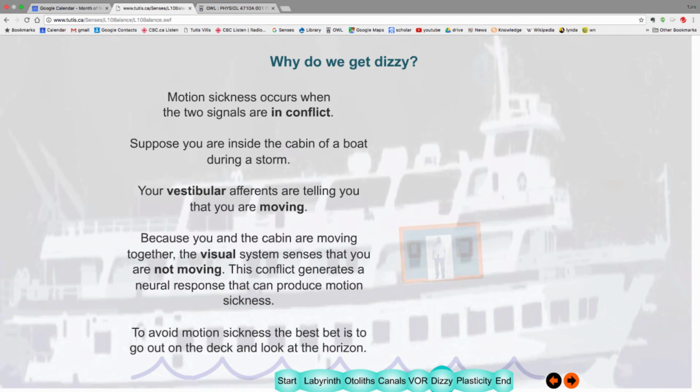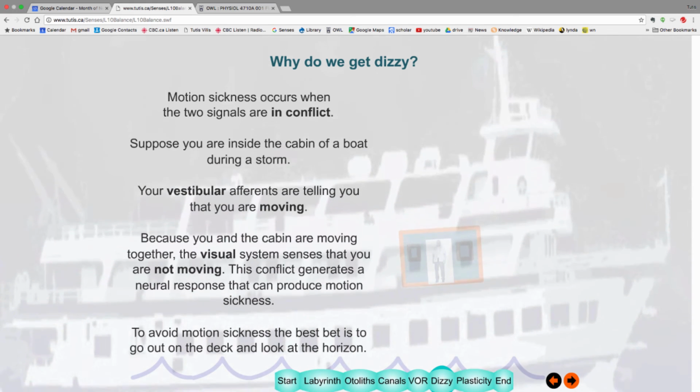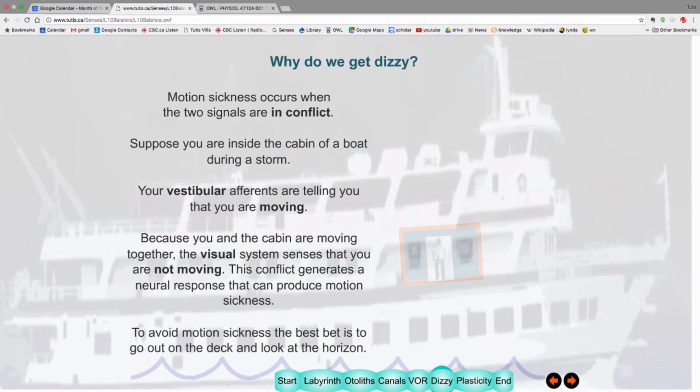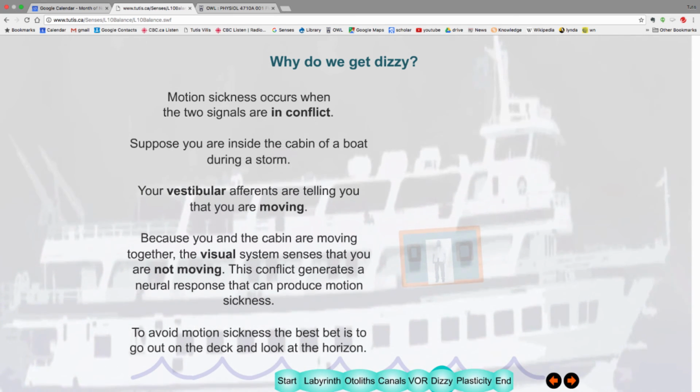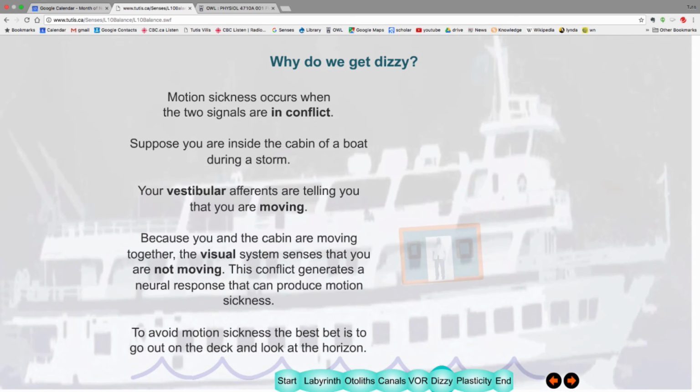Why do we get dizzy? Well, imagine yourself on this boat going up and down, and that's you inside your cabin. And you're not looking at the window, but you're looking at the wall of the cabin. And so your vestibular system is telling you that you're moving up and down.